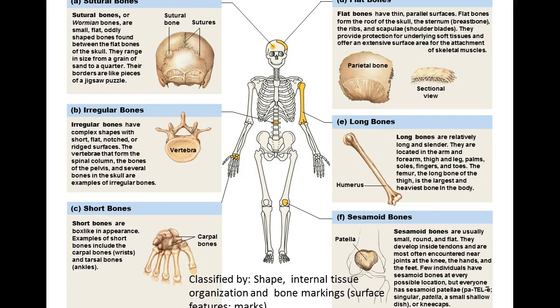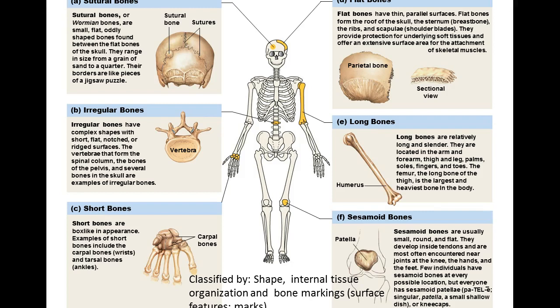Long bones are longer than they are wide, much longer than they are wide, and certainly in comparison to short bones. You have short bones over here, long bones over here. You're going to put them in one column or another. A long bone is going to have a longer diaphysis.